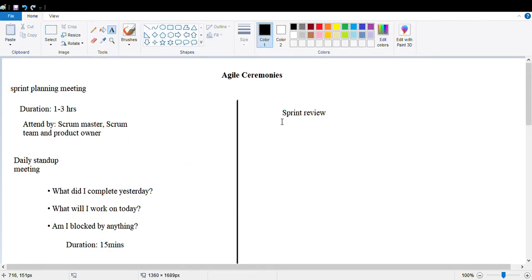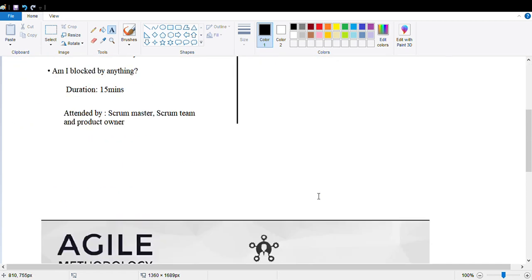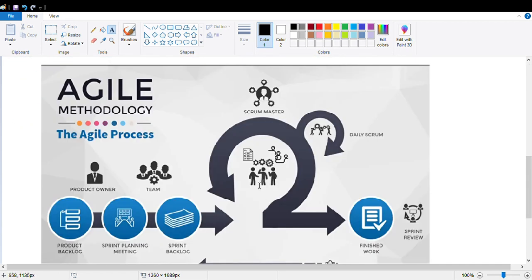The next meeting is the sprint review meeting. After each sprint, the team has to show the product as a demo to the product owner, and the product owner will give feedback on the product. It may be negative or positive feedback. So these things will be discussed in the sprint review meeting. As we can see here, once the product is completed, the sprint review meeting will be conducted.